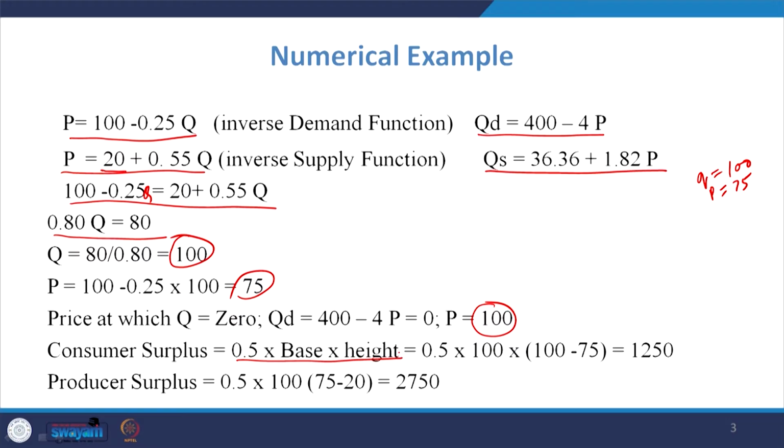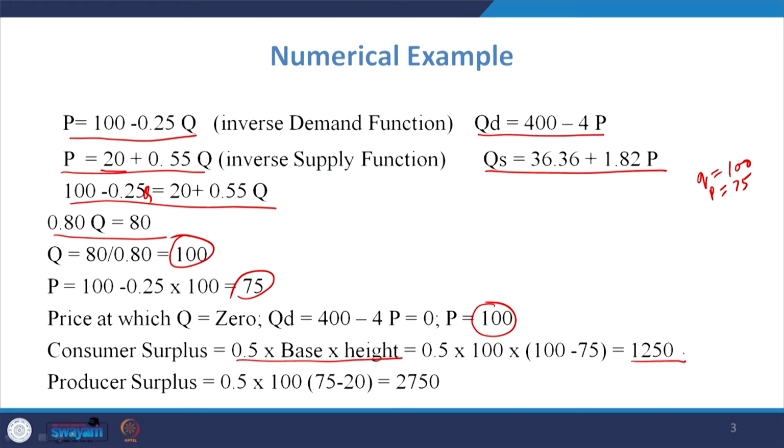So, 1 by 2 means 0.5, multiplied by 100, then 100 minus 75, equal to 1250. So, consumer surplus here is 1250.